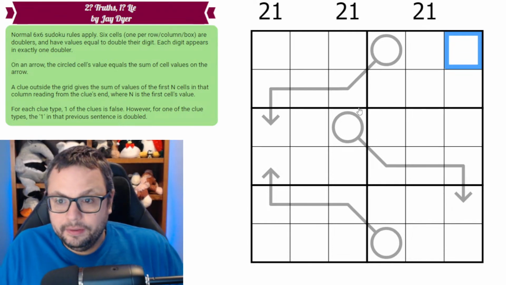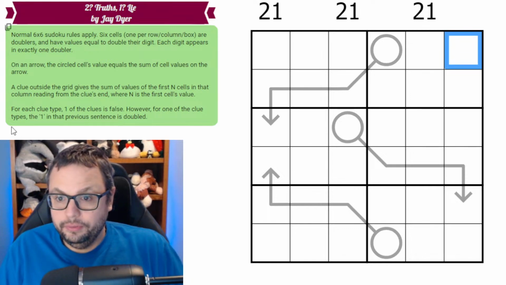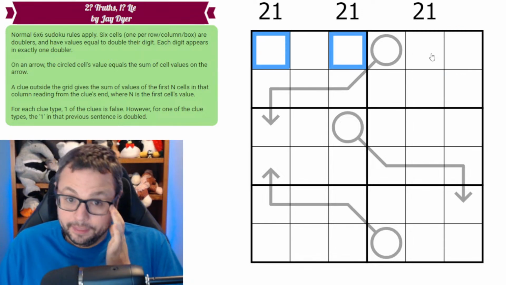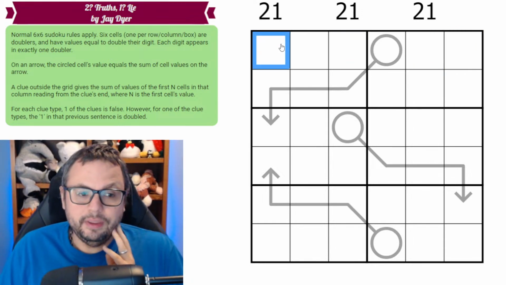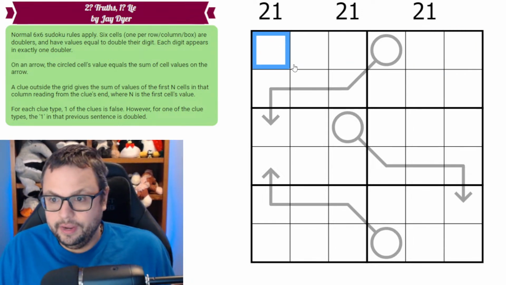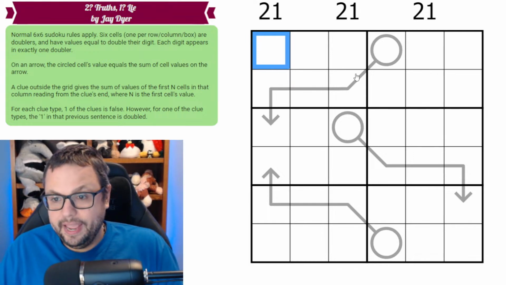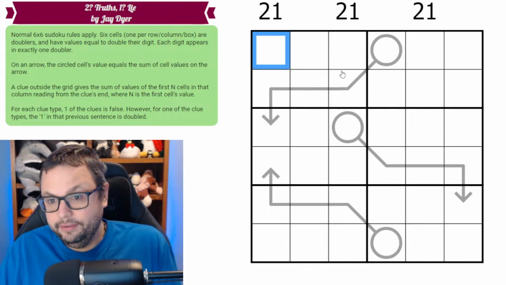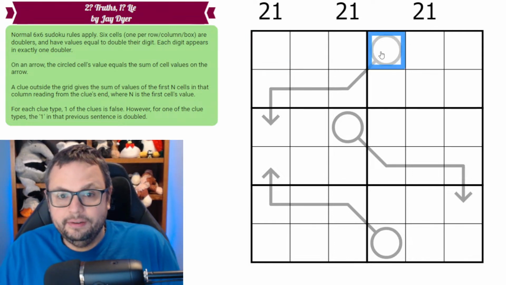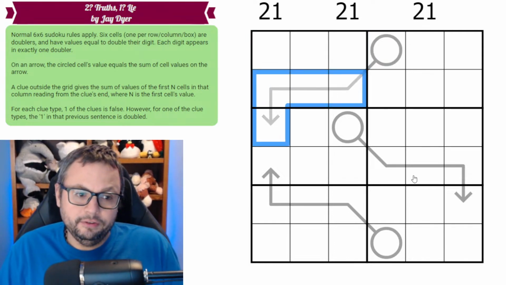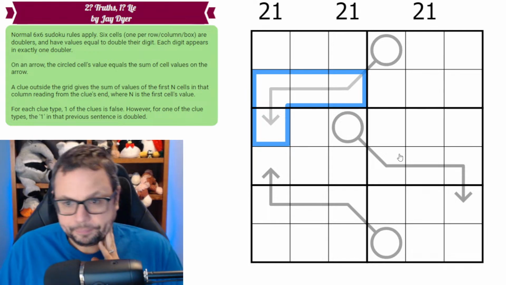And we have sandwich clues. No, sorry. We have X-sum clues. So this will give you the sum of the first n cells in that column, reading from the clue's end. And the circle here is the sum of the digits along the arrow.